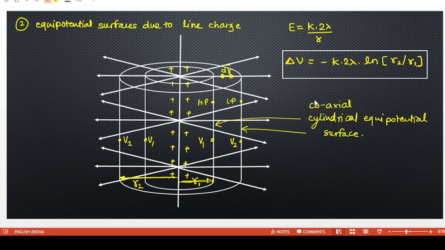So in this case the potential difference is minus k2 lambda ln r2 by r1. This is the formula for potential difference between the 2 points on the 2 surfaces. The first surface is at distance r1 and the second surface is at distance r2.